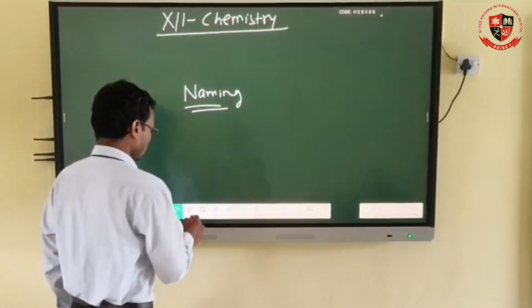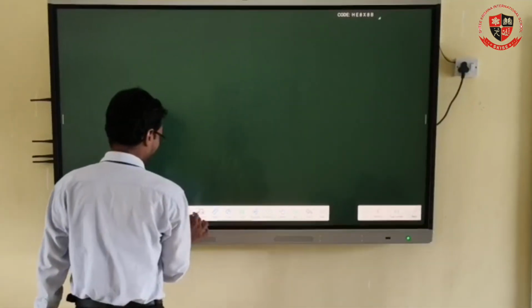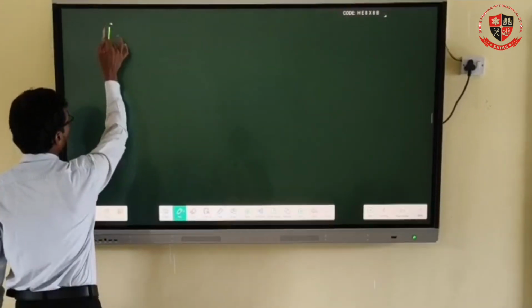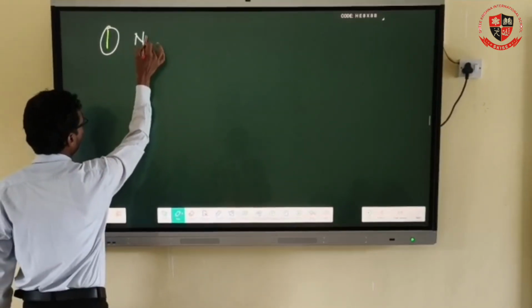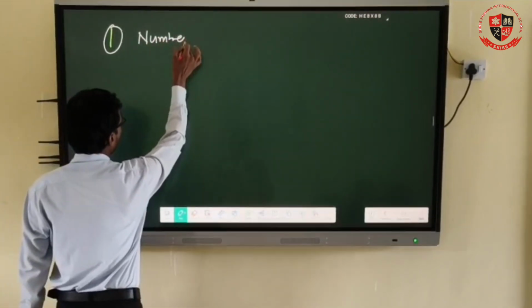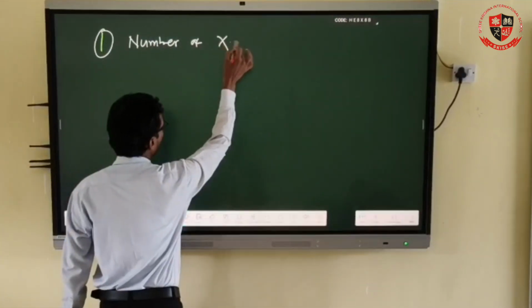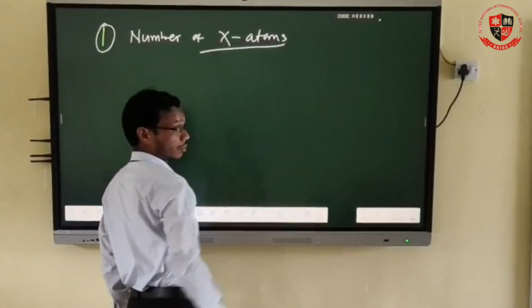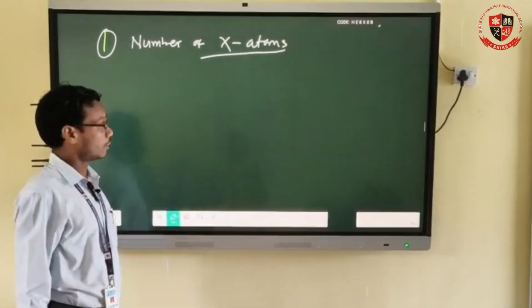First, the classification is based on the number of halogen atoms. You know X is a halogen atom.